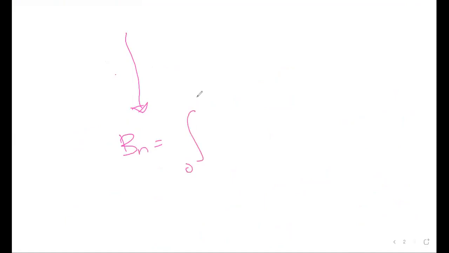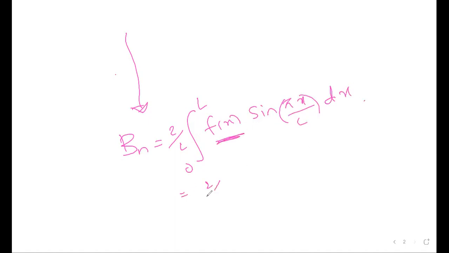Let's say 0 to L, 2 over L, f(x) sin(πx/L). We know this, last lecture we have studied this thing. So when you are substituting the f(x), in the general case we have stopped here. We don't need to do anything.